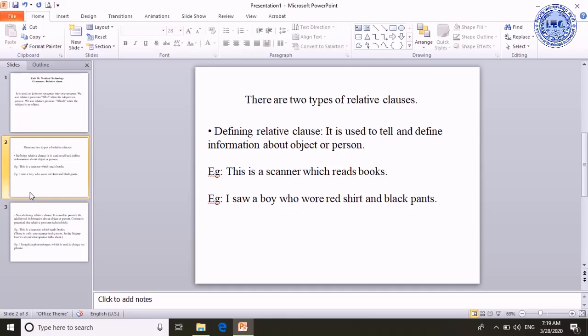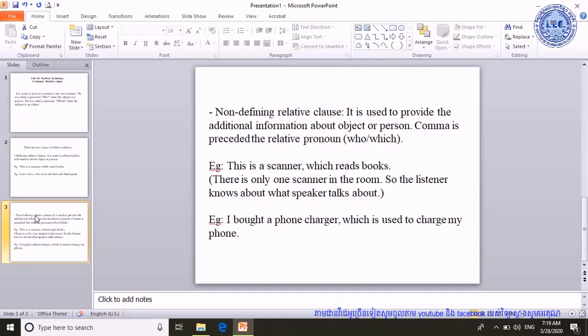So let's move on to the second type of relative clause, which is about non-defining relative clause. It is used to provide additional information about object or person. Comma precedes the relative pronoun who or which.